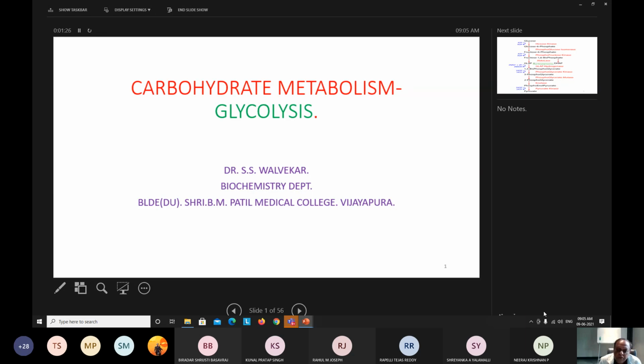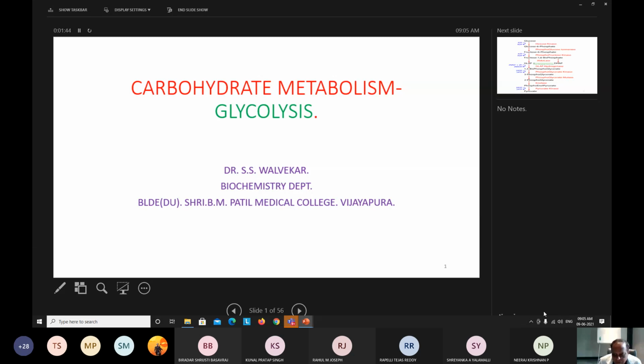This is the pathway which occurs in both aerobic and anaerobic situations, so it is called the aerobic and anaerobic glycolysis pathway.